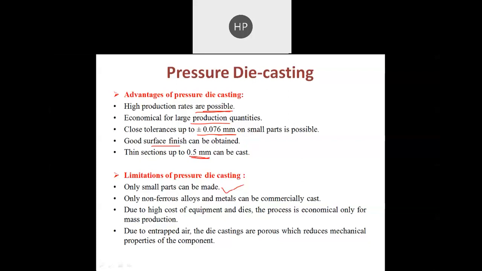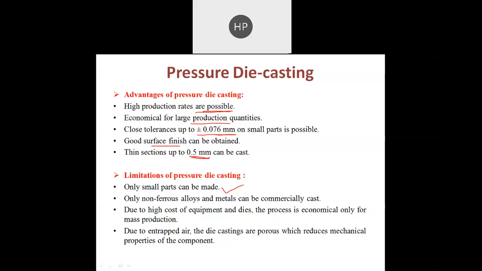Second, when we have a large or big casting, the transfer of that molten metal is very difficult, because we have to take such a big cylinder to store that particular big molten metal, and then it will be pushed.